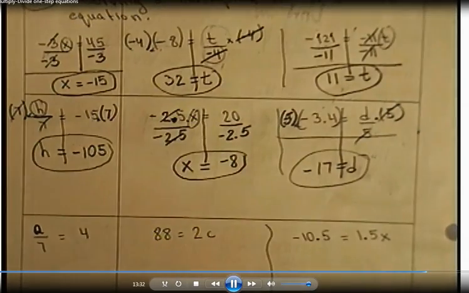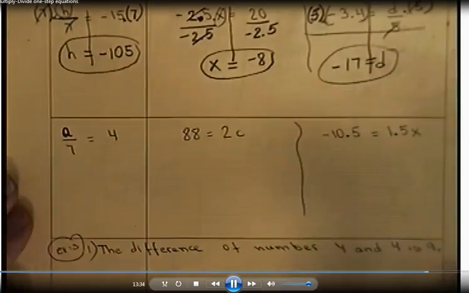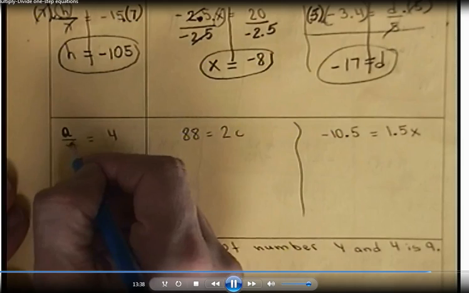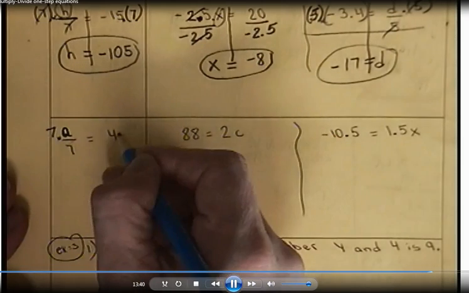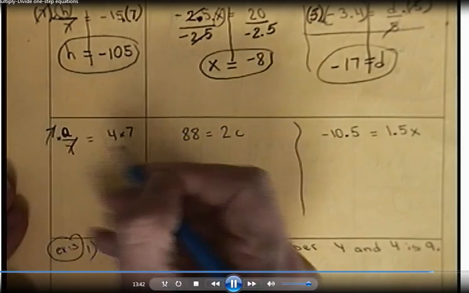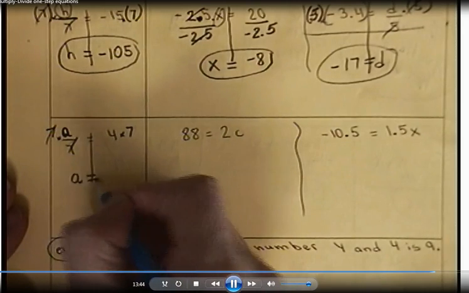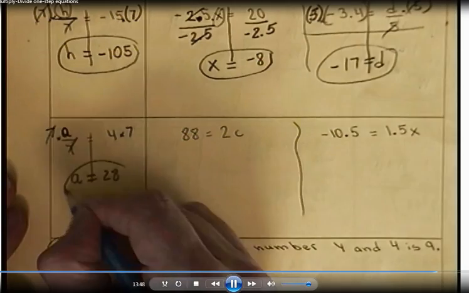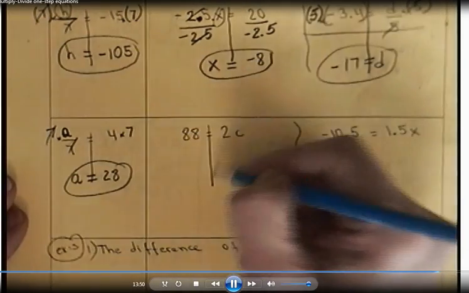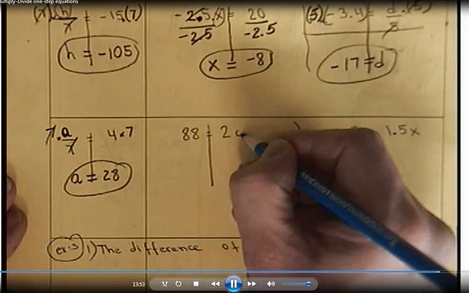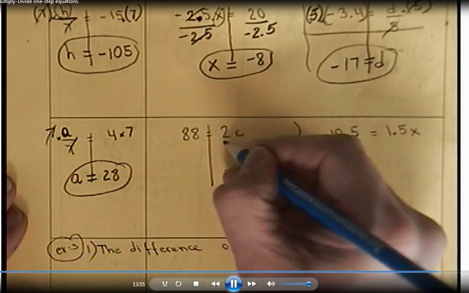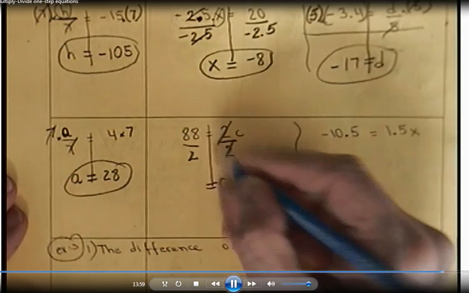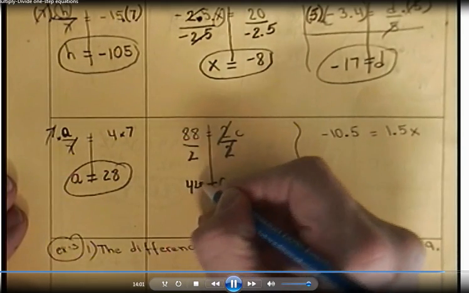Okay, for this one, then I'm going to this one. a divided by 7 equals 4. Well, in order to cancel the 7, we will multiply by 7 on both sides. These two are gone. So a is equal to 4 times 7, which is 28. This example is pretty simple. 2 times c, the opposite of times 2 will be to divide by 2. So those two cancel. c is equal to 44.